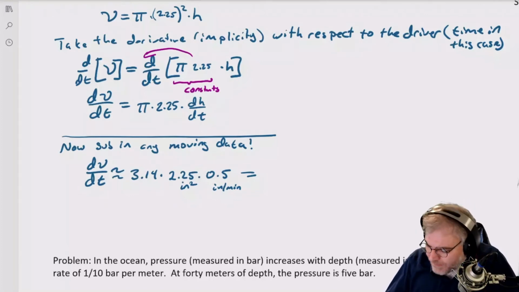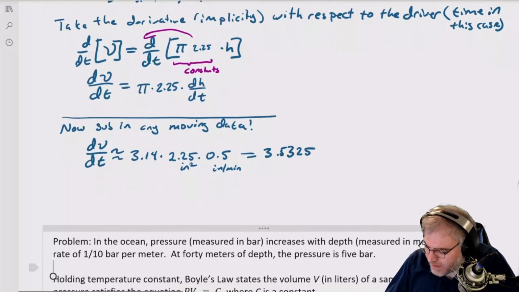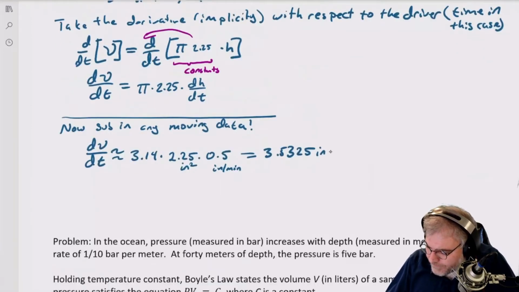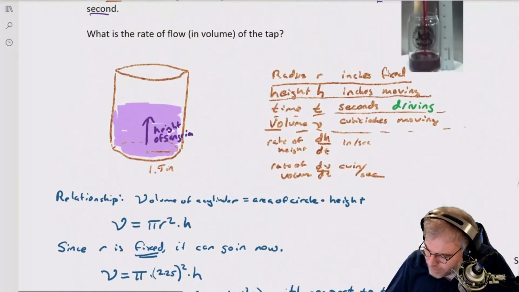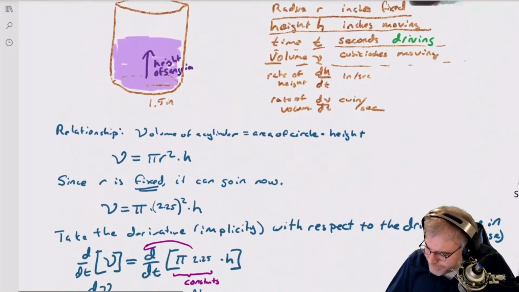And I wind up with something like 3.5325 inches cubed. And this was per second or per minute? Per second.